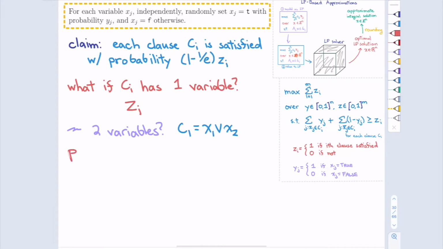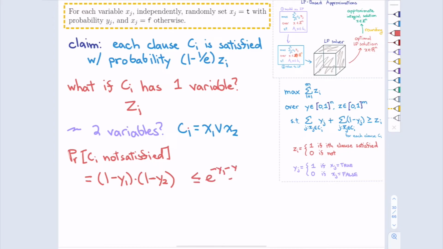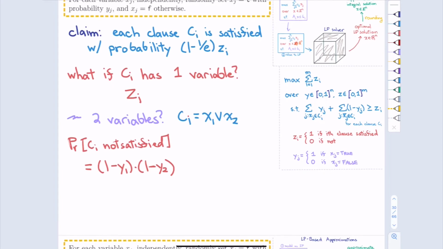So the probability that Ci is not satisfied in this case would be 1 minus y1 times 1 minus y2. Last time we were lazy and went straight to our one inequality like that. But here we're going to do something a little bit sharper to get a slightly better bound.